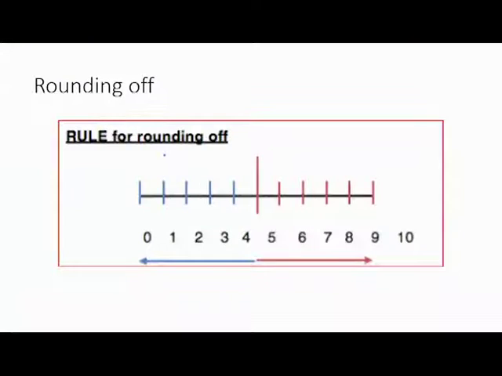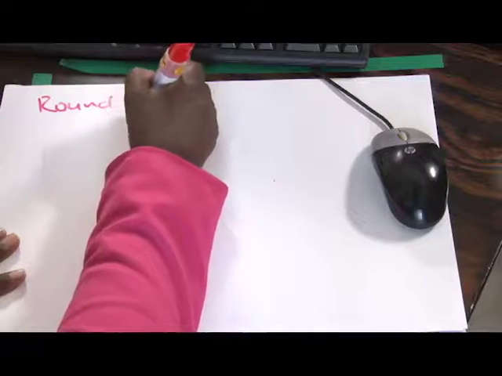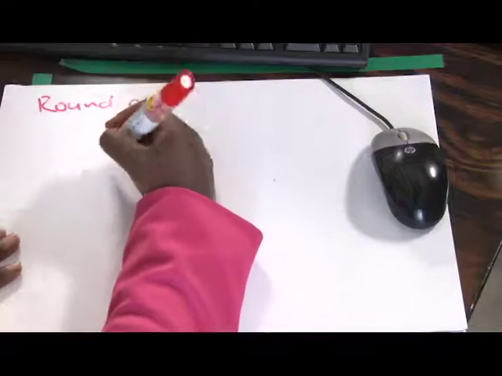Now, the next thing is rounding off. We need to know how to round off. Sometimes marks are lost when you cannot round off correctly. I have seen some questions say round off correct to 2 decimal places, 3 decimal places, and so on.